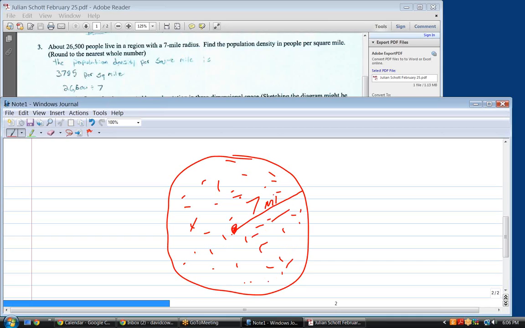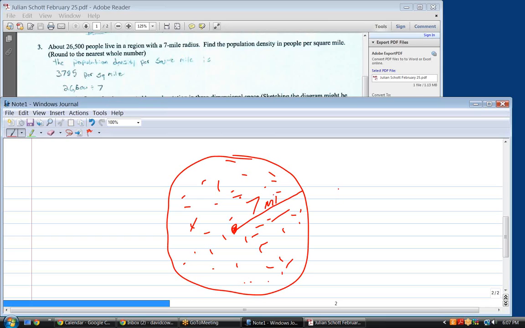So, if we know how many people live in the region, what we want is how many people live per square mile. How many square miles are there in that circle? It's not 7. In other words, you can't take 26,500 and divide it by 7. 7 is merely the radius of that circle.